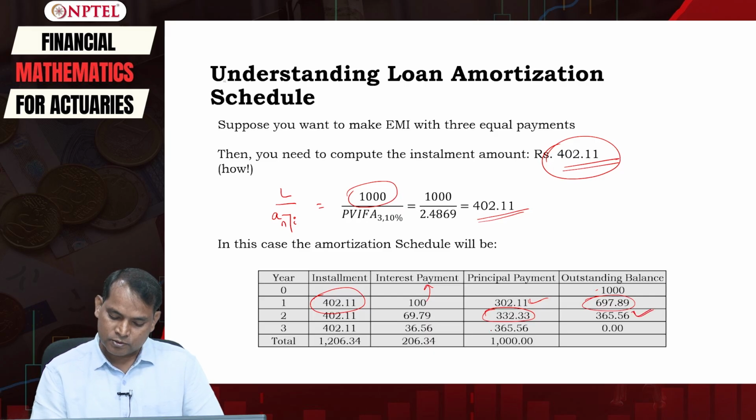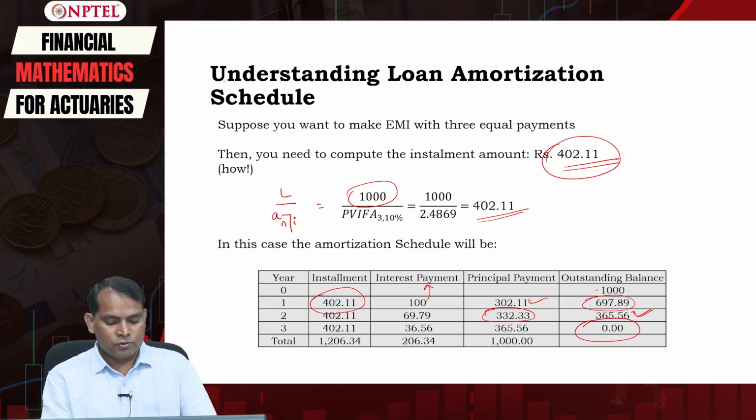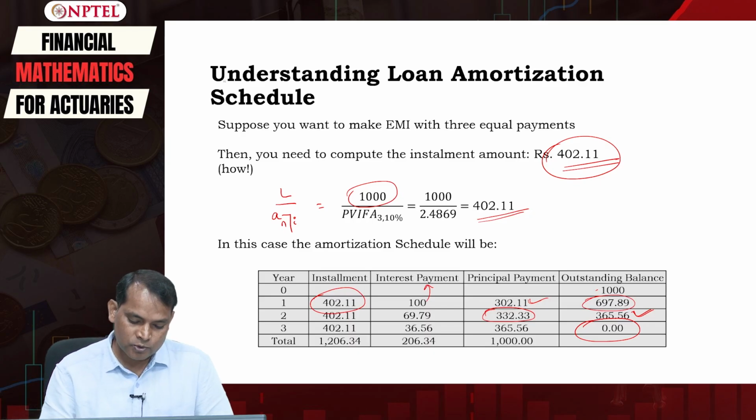The last payment is also done similarly, and then the total outstanding balance at the end of 3 years will become 0.